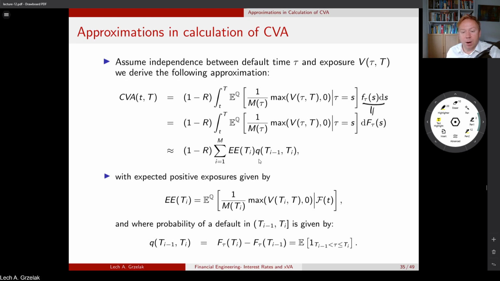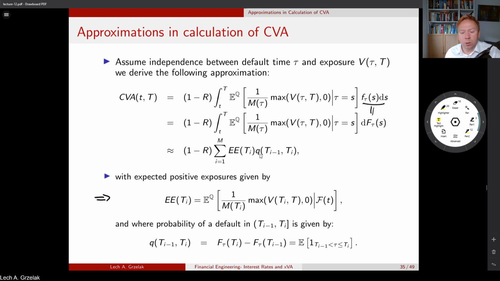The second part is that we are not taking into account the correlation between the time to default, the default probabilities, the default random variable, and the exposures. That's the big assumption here. But from the implementation perspective, this is very straightforward because we just have to integrate the expected exposures in time. This is something we have already done in this lecture.